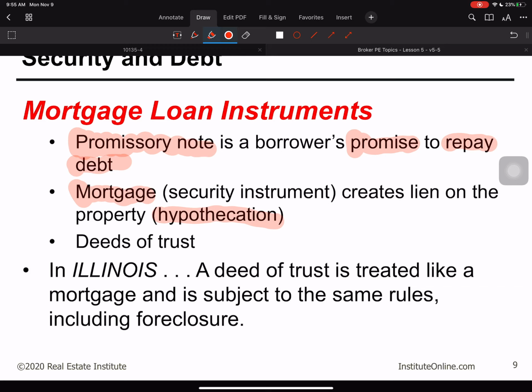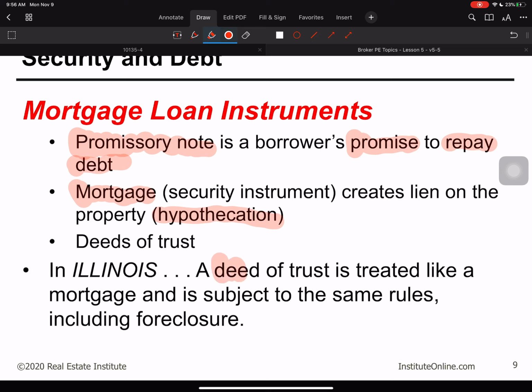It creates a lien on the property, considered hypothecation. For those that are bilingual, you could remember a mortgage as a hipoteca. In Spanish, hipoteca means mortgage. In Illinois, a deed of trust is treated like a mortgage and is subject to the same rules, including foreclosure.